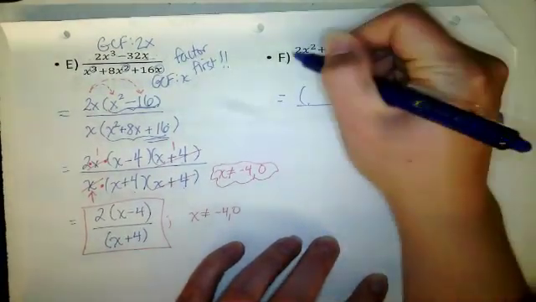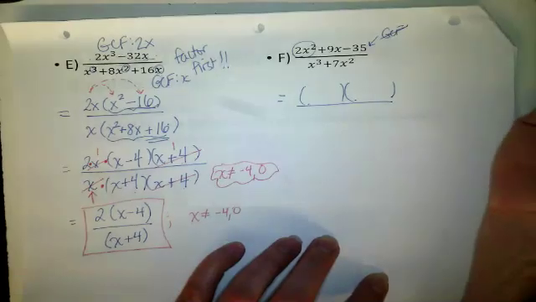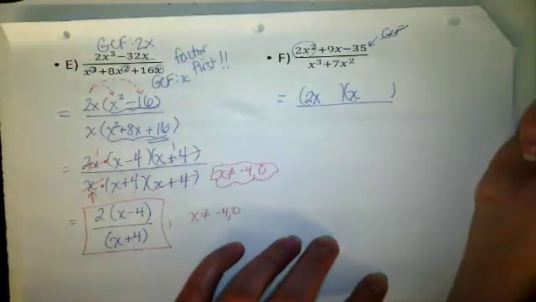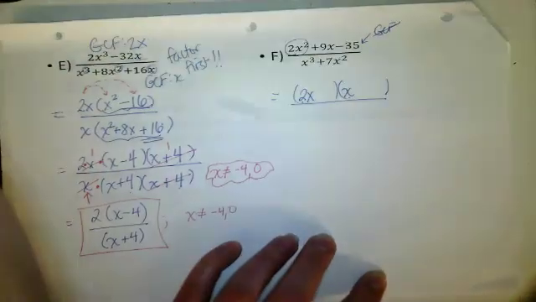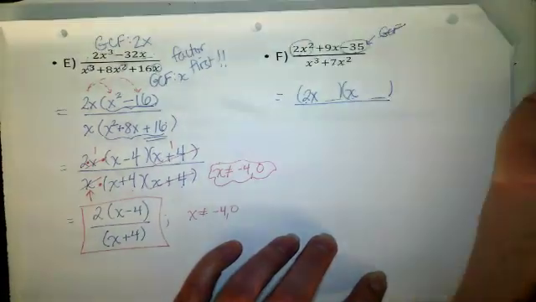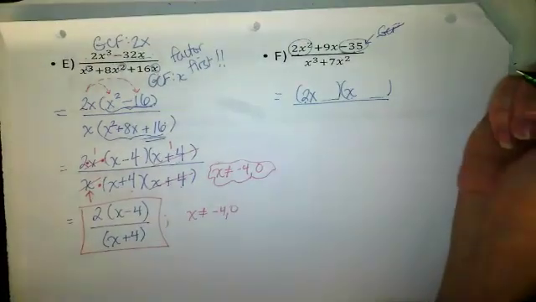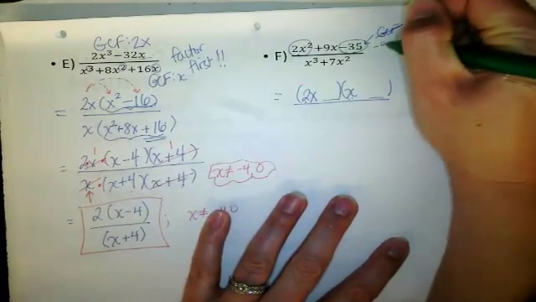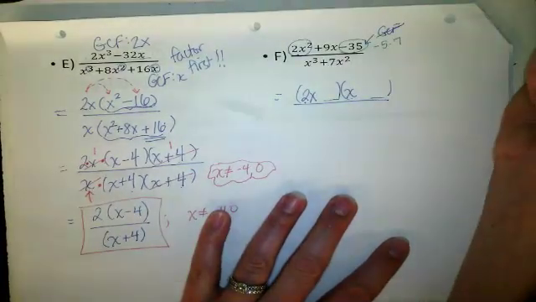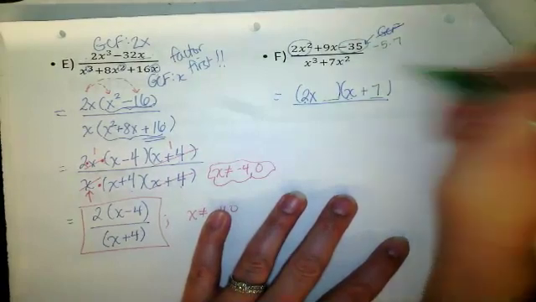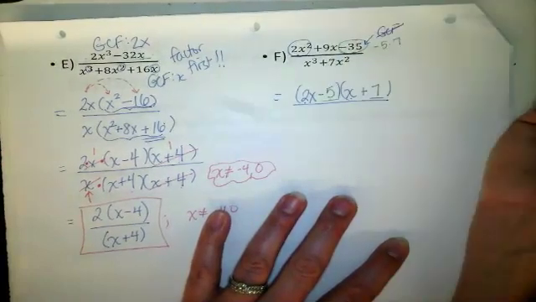What times what is 2x squared? 2x times x. And last times last has to be negative 35. What times what is negative 35? Negative 5 and 7. So I'm going to put my 7 here and my negative 5 on the inside.